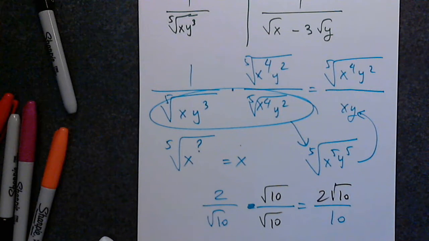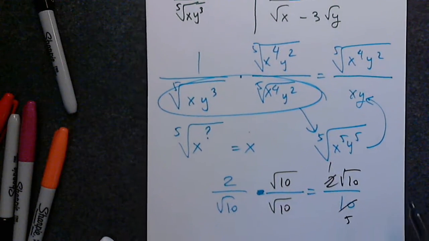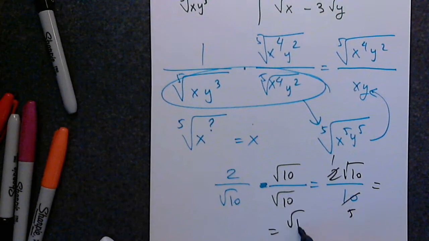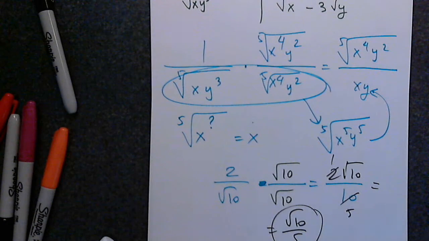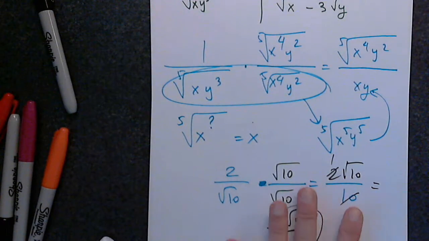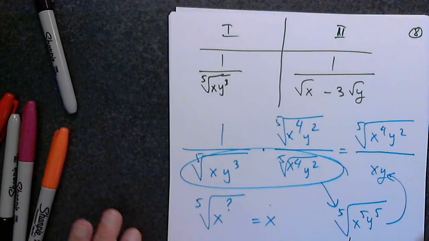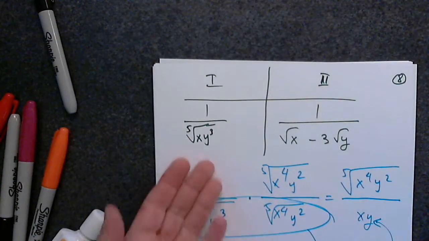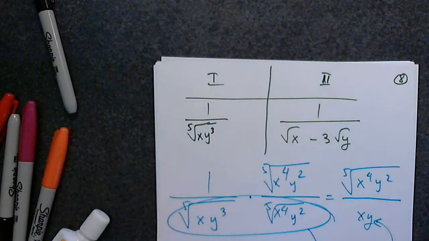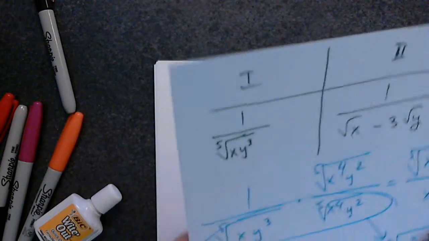And yes, I will have to simplify 2 and 2, and I get the square root of 10 over 5. So this is the first situation. Not too difficult. We're going to look at other examples in a minute. Not too difficult, as long as I remember what the expression needs. Or maybe we should do one more, and then we'll look at the second one.